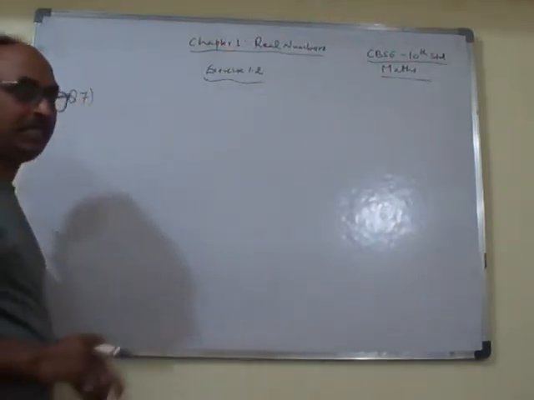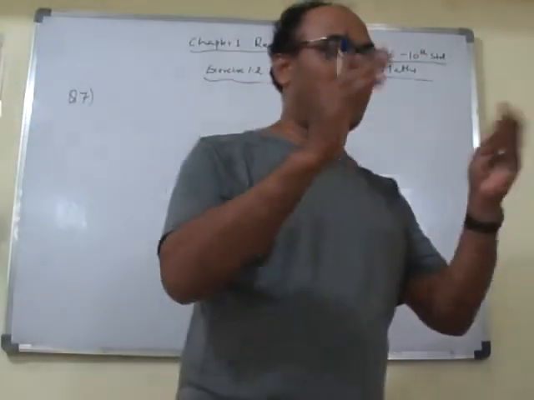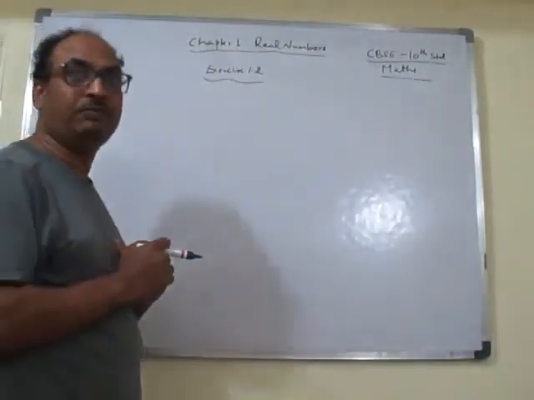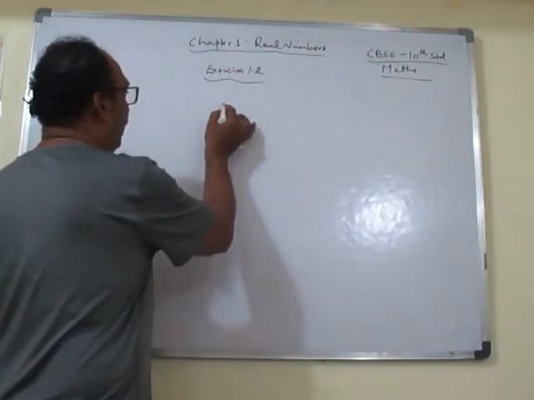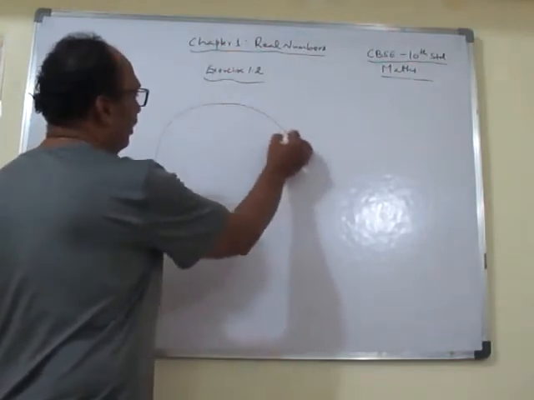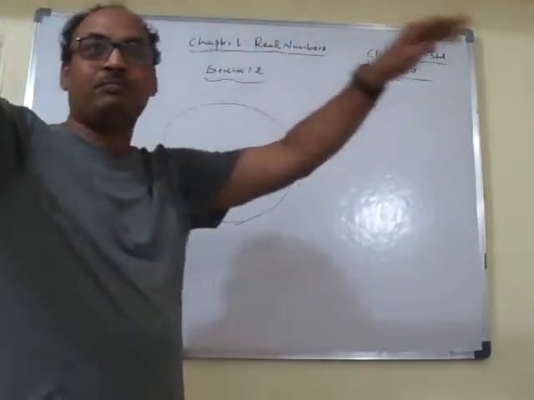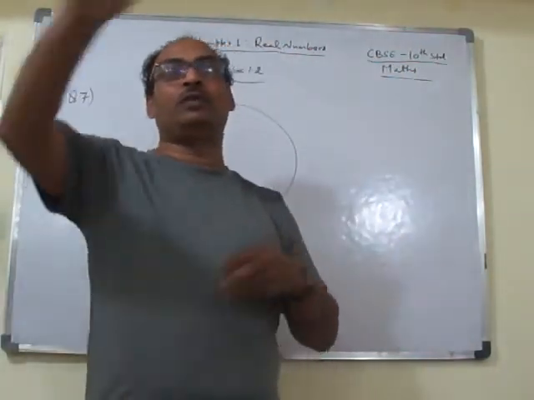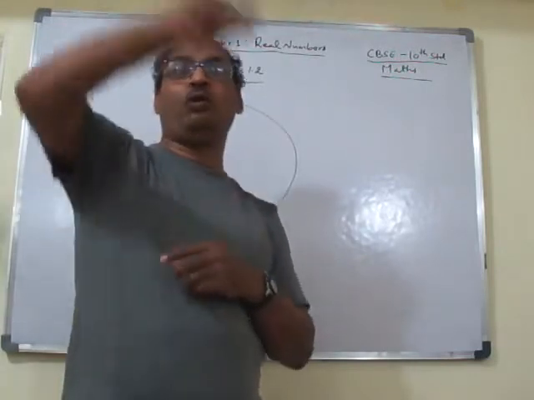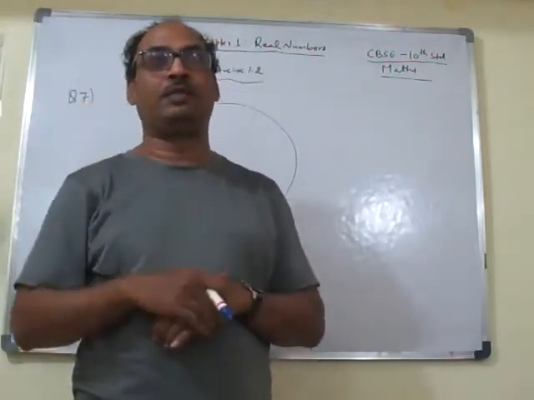Question number 7. What does it say? There is a circular path around a sports field. You have a sports field, and there is a circular path. We are going for some 400-meter run, so 2 rounds of the full circular path.